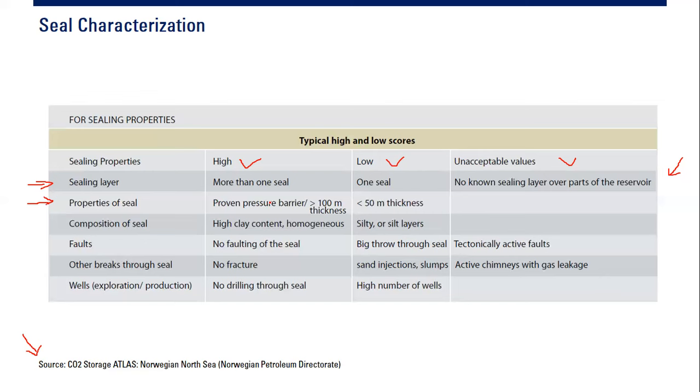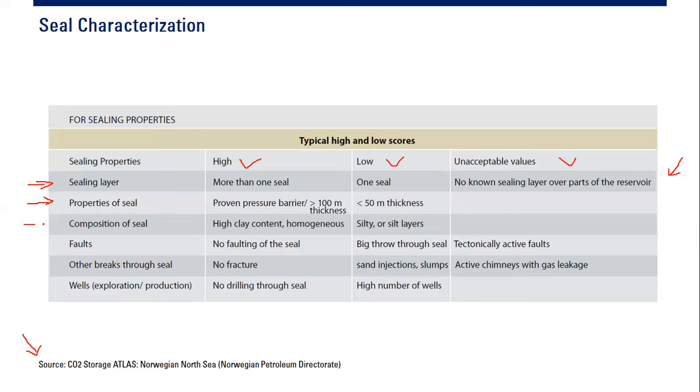But if the thickness is still below 50 meters, be careful, it's still considered low, at least in the North Sea. So you need to prioritize the seal with thickness greater than 100 meters.